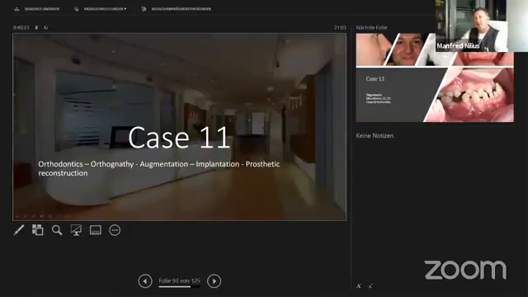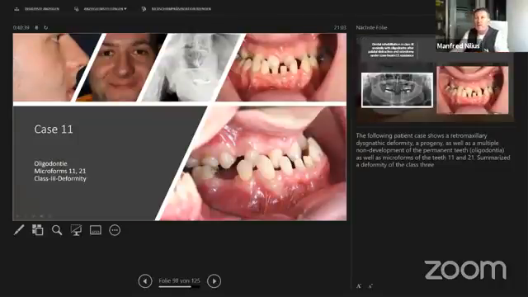Okay, you can go more and more, and the people who maybe know my lectures, I start from easy cases and I mostly finish with more complicated cases. This is one more case with oligodontia and microforms, class 3 deformity, retromaxillary dyskinetic deformity, progeny, multiple non-development of the permanent teeth and microforms.